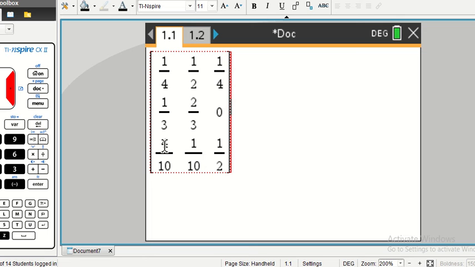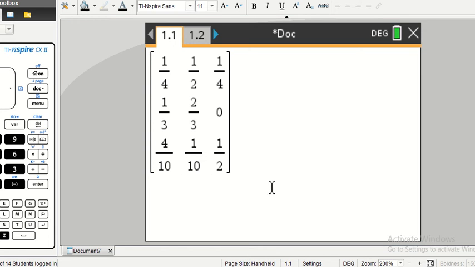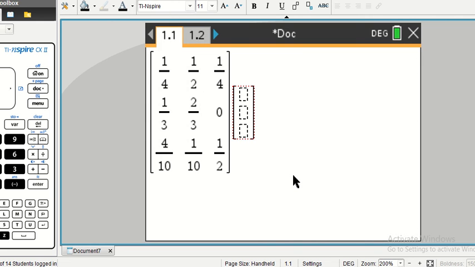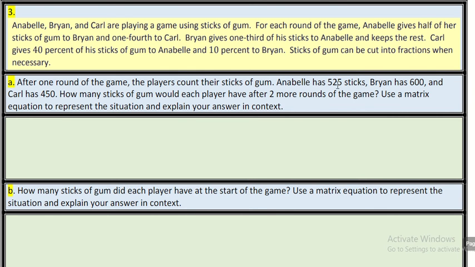So we're going to store this as A. Now, when I multiply this matrix times the 3-row, 1-column matrix ABC, A for Annabelle, B for Brian, C for Carl, we get the result that Annabelle had 525 sticks, Brian had 600, and Carl had 450.